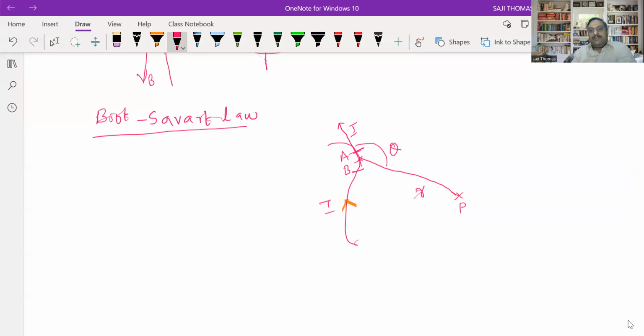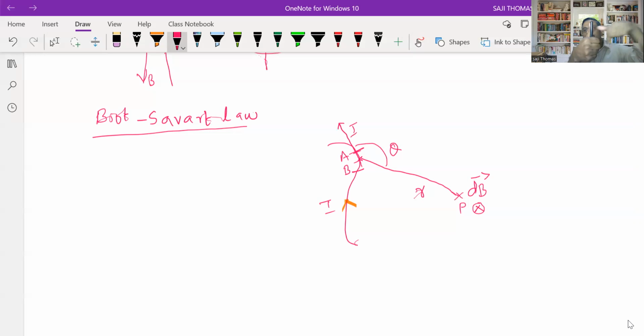Magnetic field at the point P I represent as dB, small magnetic field. This magnetic field will be directed into the plane of the paper. Because current is upward, you have to use right hand thumb rule. When you consider a small elementary portion, it can be considered as straight.